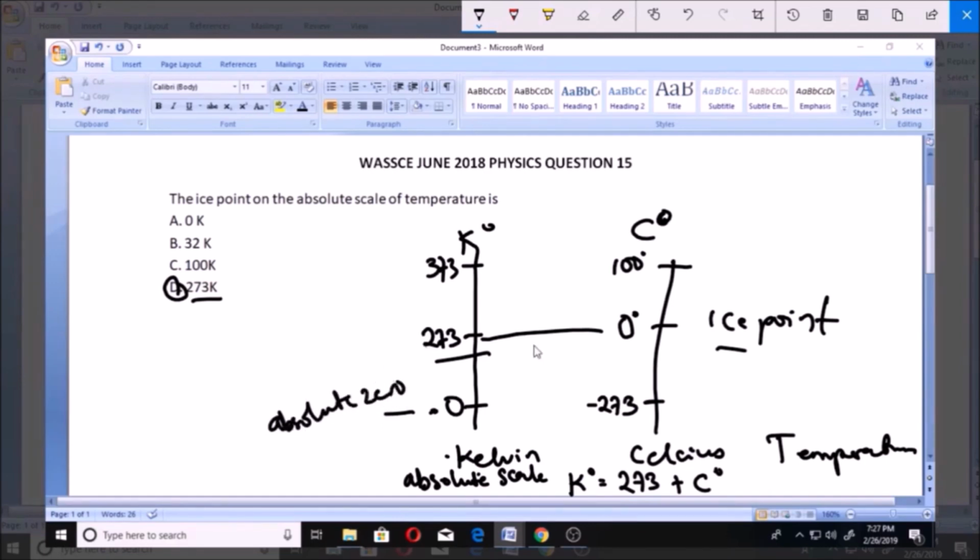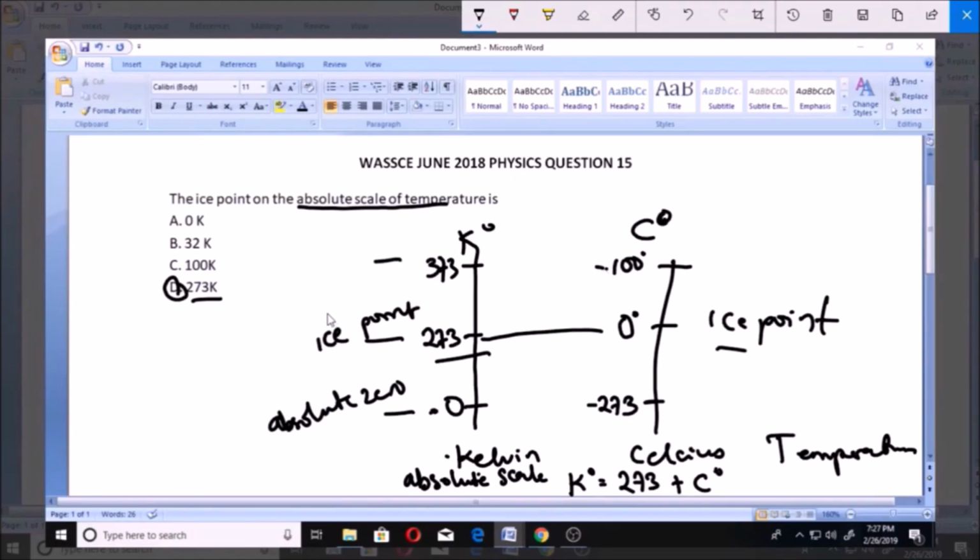Ice point is the temperature of ice, which is solid water, and that in Kelvin is 273. So take note. And Kelvin is also the absolute scale of temperature. So the vapor point or boiling point is this point.